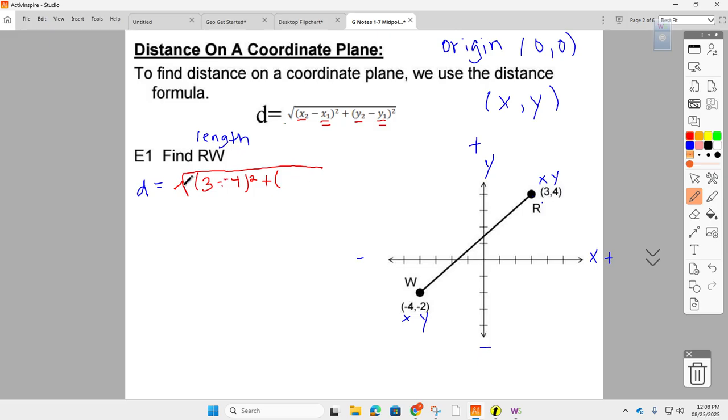The y from point R would be 4, minus the y from point W, which is -2. If you want to simplify in there yourself, you can, but your calculator will do it for you. So that's what we're going to do.